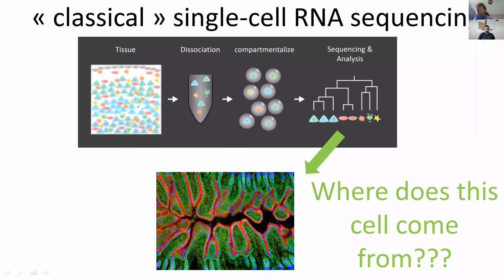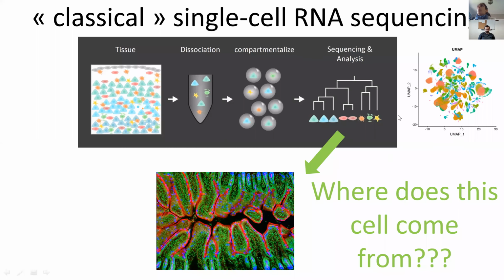During the analysis you could do some cell clustering that will help you to guess the cell types from which each cell was coming, based, for example, on some marker genes, but this is not so easy to do. First, because in many cases you don't know your sample so well, and it will never give you the actual location of each of those cells within this complex tissue.